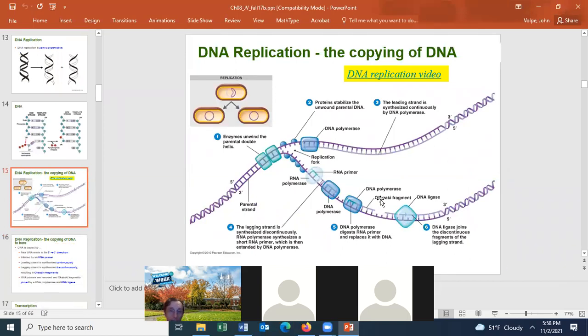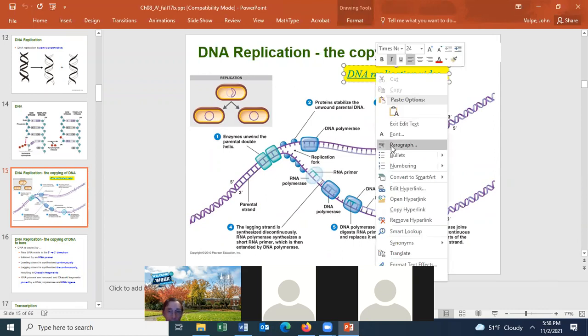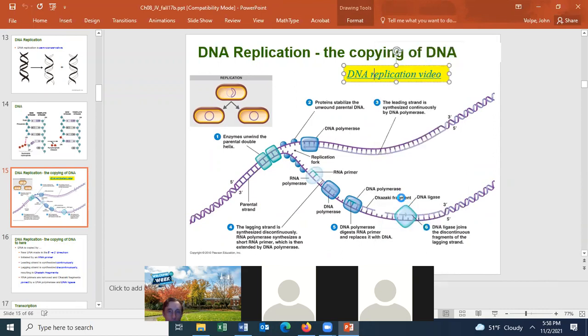Another thing I need to mention is that the replication of DNA happens with three enzymes. It'll be discussed in the video. Let's go ahead and start that, and I'll do my little talk. You need a helicase to open up the two strands of DNA and make the strands single.